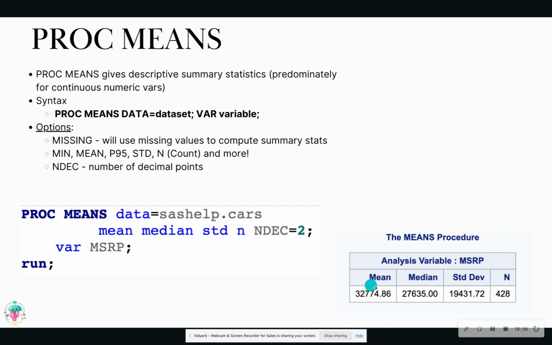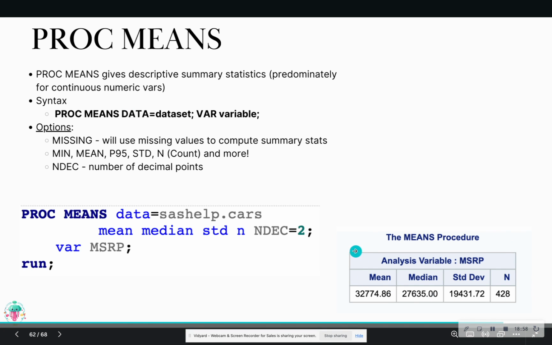And when I run it, I get this output that you see on the right, where it looks like the mean price for the car is $32,774. The median is about 27,000. The standard deviation in this case is about 19,000. And the number of observations is 428.